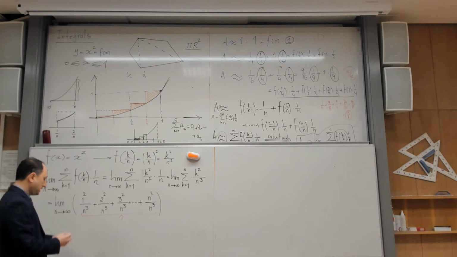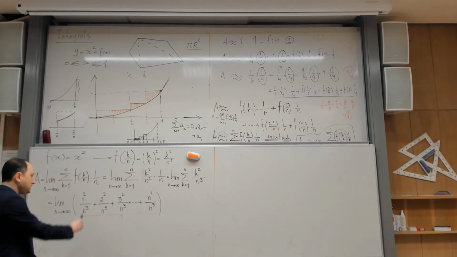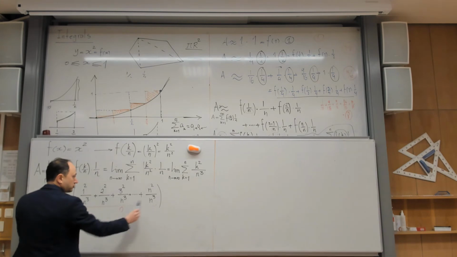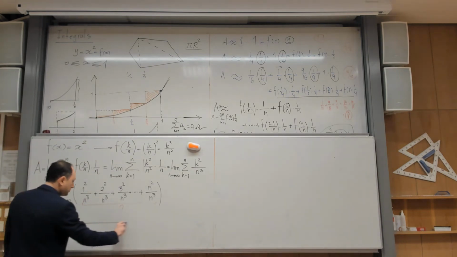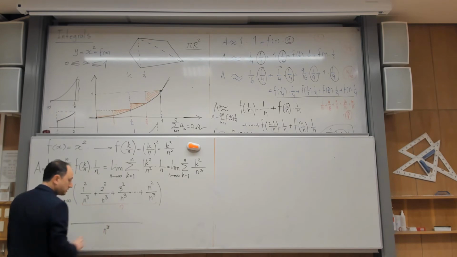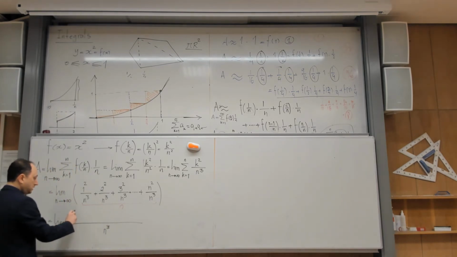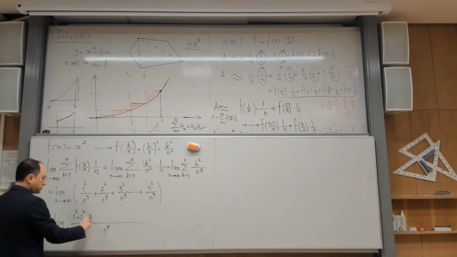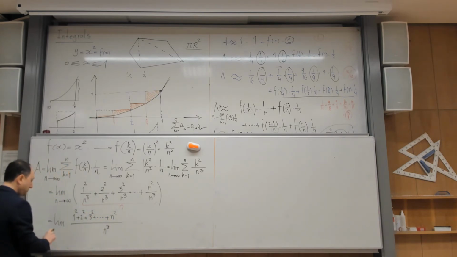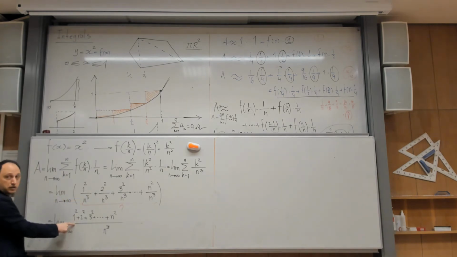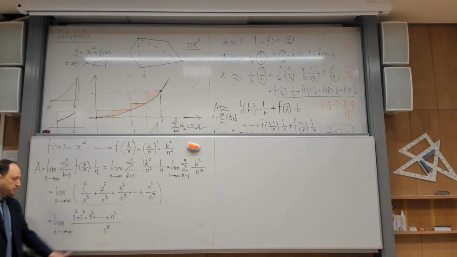Let me tell you something. Let me just go one step further. This one, because the denominators fortunately are all the same, I can write it more compactly by putting just one entry in the denominator and writing 1 squared, 2 squared, 3 squared, up to n squared. So first of all, tell me, are you happy with what I have written right now? This one is exactly equal to this one because the denominators are the same.